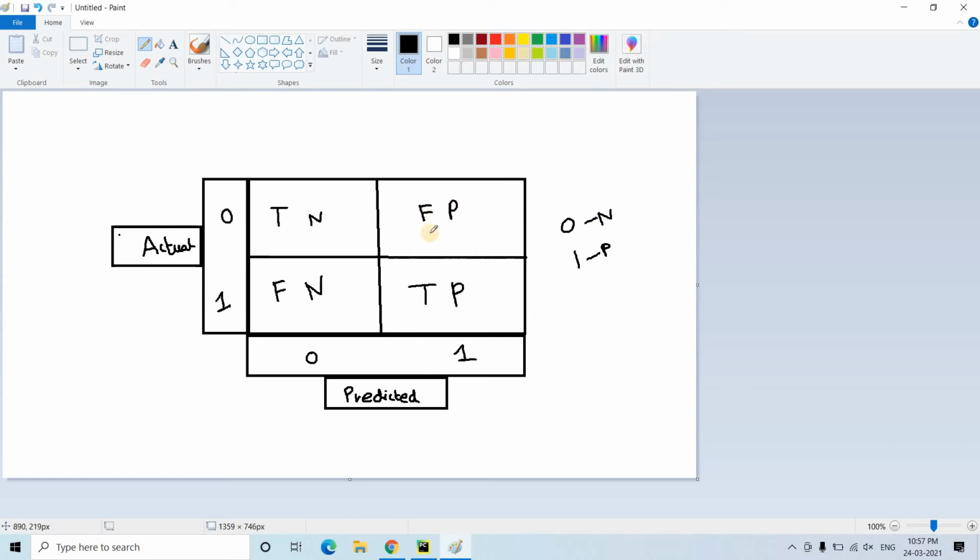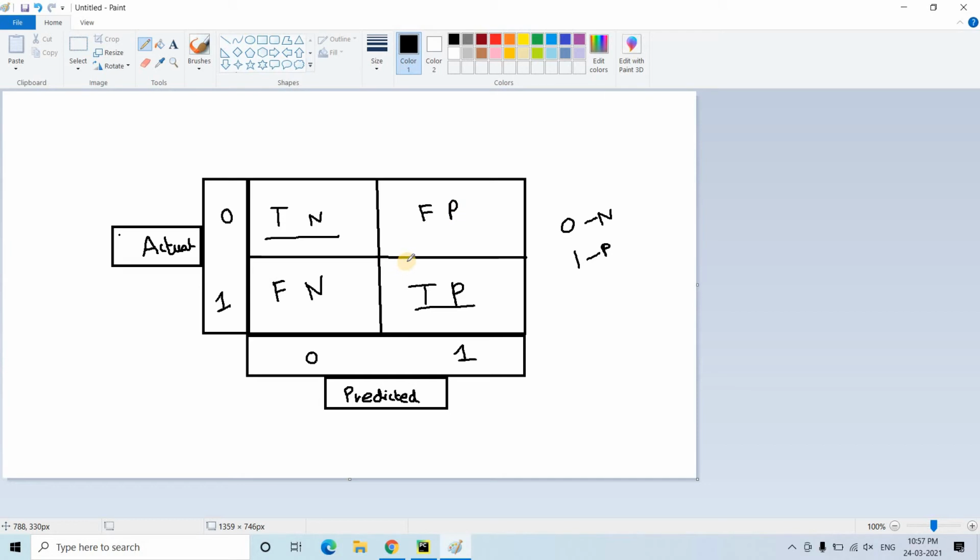This is FP, false positive, this is FN, false negative, and this is TP, true positive. Okay, so see, the values we get on this diagonal are correct predictions. Because in this box, when the actual outcome is 0, the prediction is also 0, and in this box, when actual is 1, prediction is 1. So on this diagonal, these two elements are correct and these two are false.